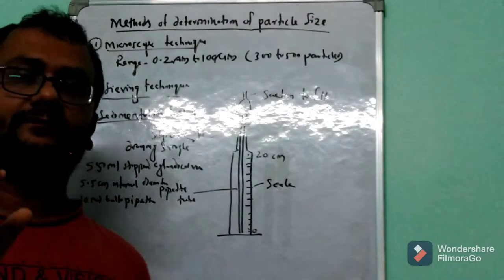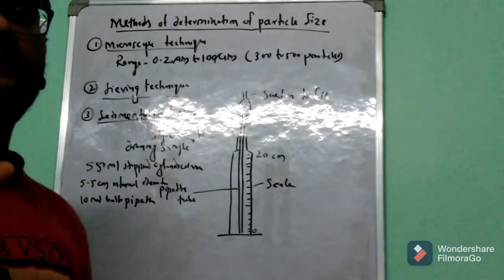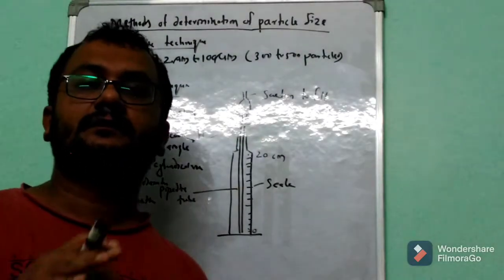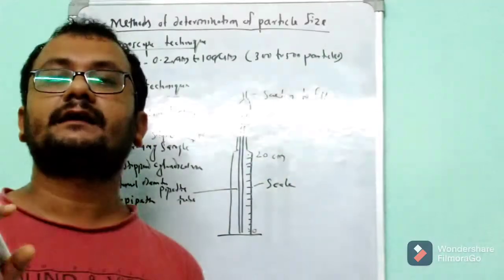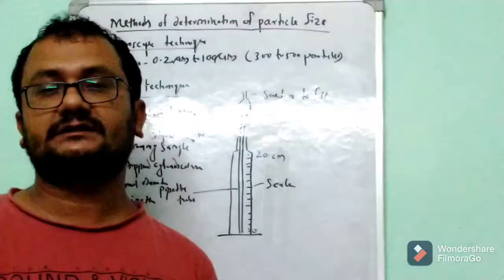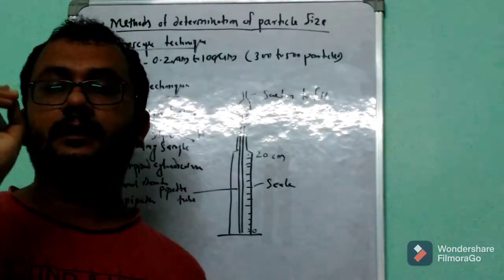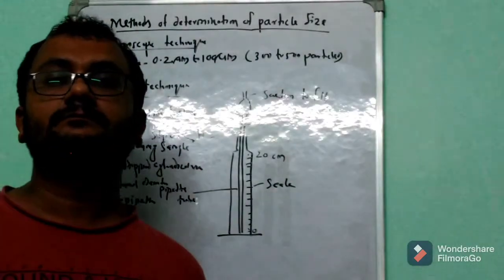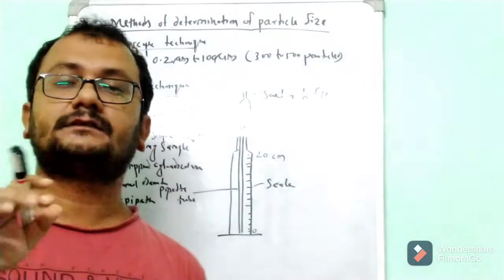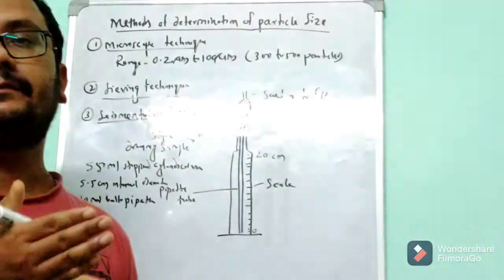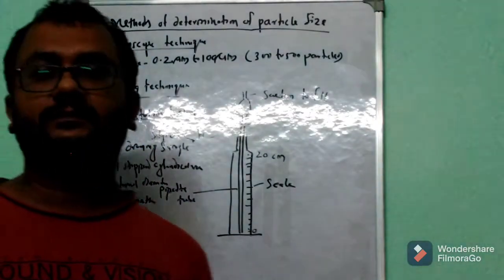If the particle is slightly soluble, then we take a saturated solution of the suspension. After preparing the suspension, we add a few drops on a slide, and that is evaluated under the microscope.